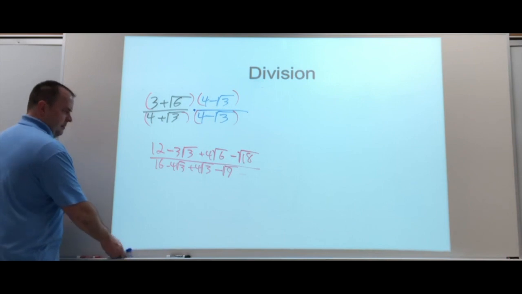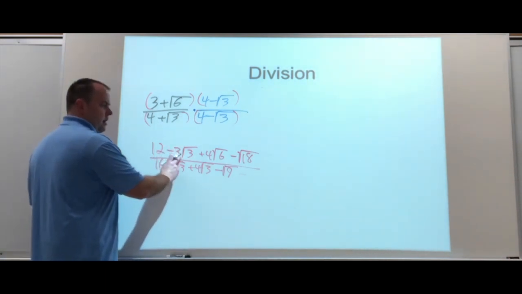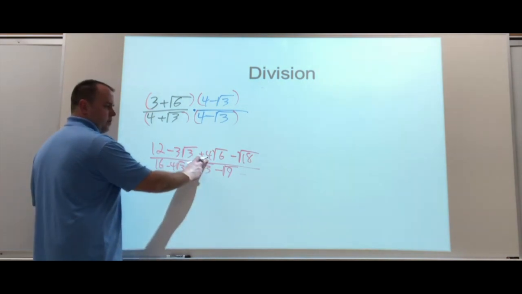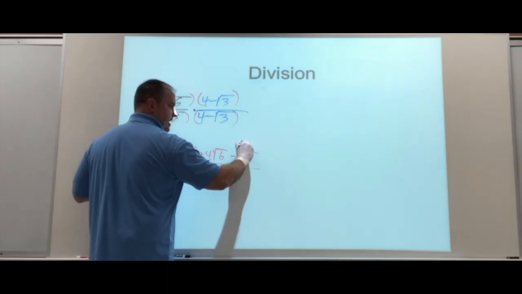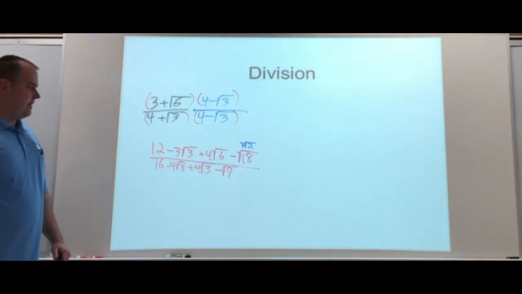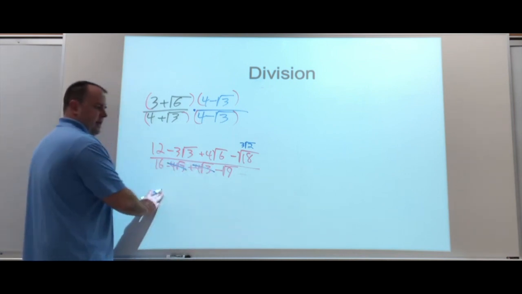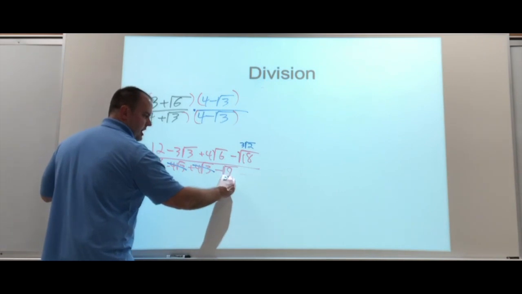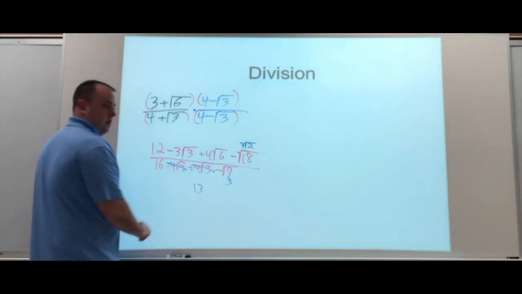And when you look how things simplify, if you can do factor trees, do it. So up top, the 12 is good, minus 3 square root of 3 is good, 4 square root of 6 is good. The minus square root of 18 can simplify to 3 square root of 2, doing a factor tree for that. Down below, negative 4 square root of 3 and 4 square root of 3 cancel out. Minus square root of 9 is 3. 16 minus 3 is 13.